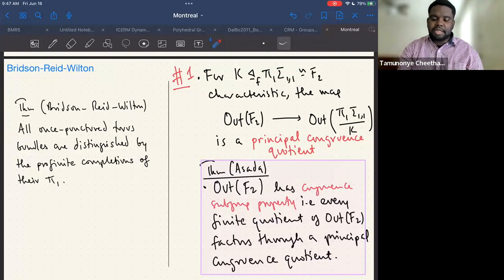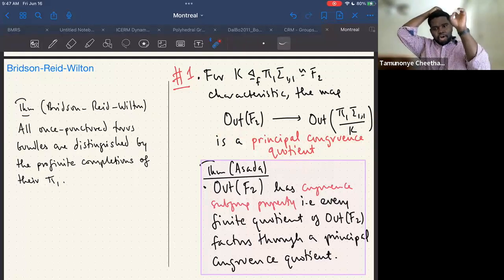What that means is that when you take a finite index characteristic subgroup of your surface group and consider the induced map from Out(F2) to Out(pi1 mod k) as a principal congruence quotient, then every finite quotient of Out(F2) is a congruence quotient.